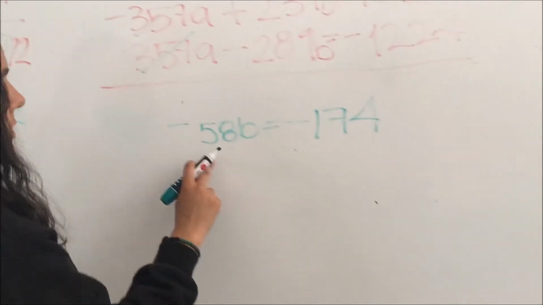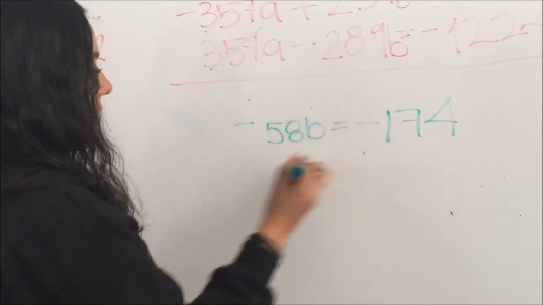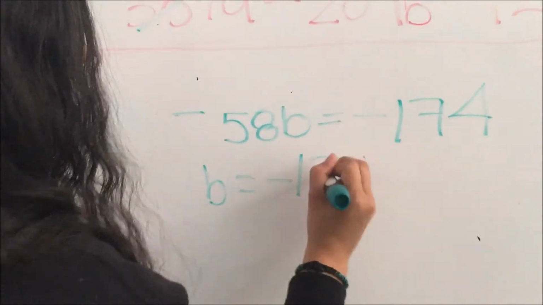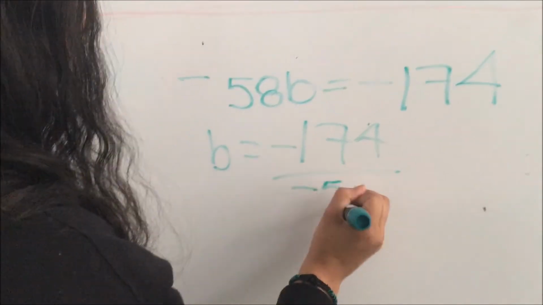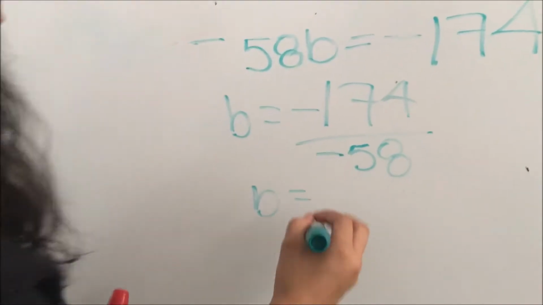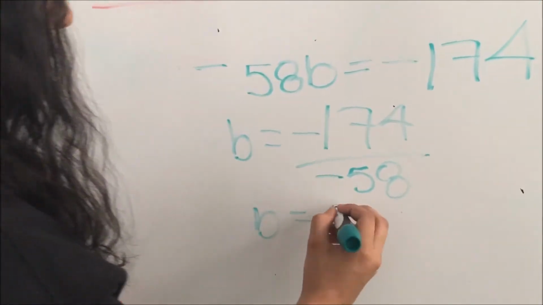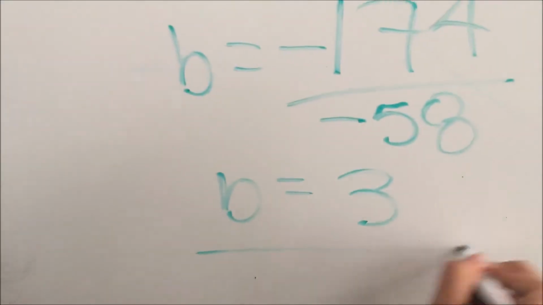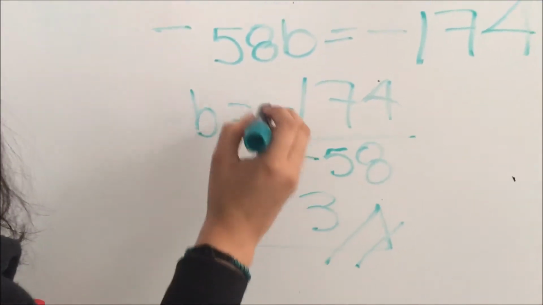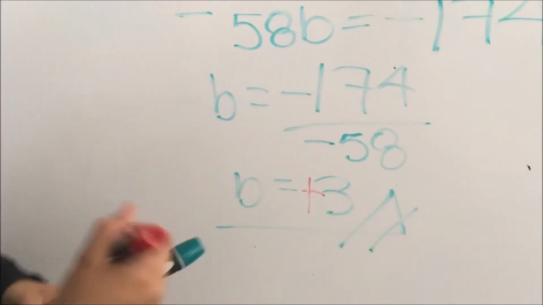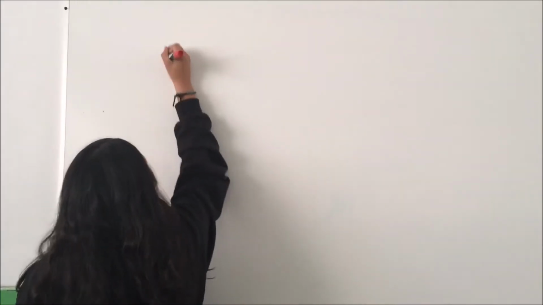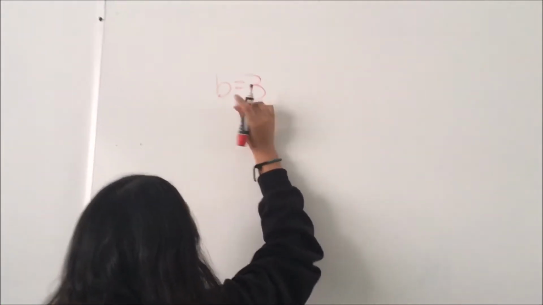What we're gonna do is we're gonna send this one up here, and it's minus 174 over minus 58. And B is gonna be equal to 3. And because both factors are negative, this is gonna end up being positive. Now that we know that B is equal to 3, we're gonna substitute it into R4.